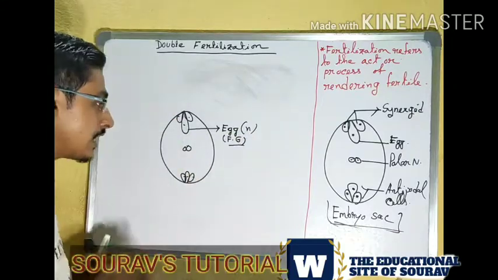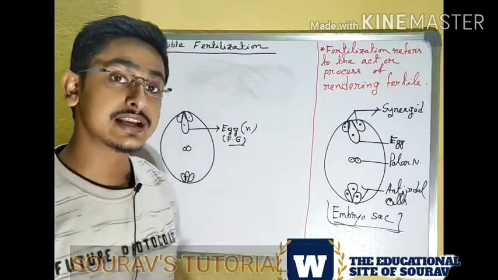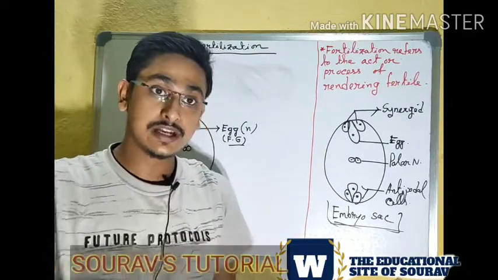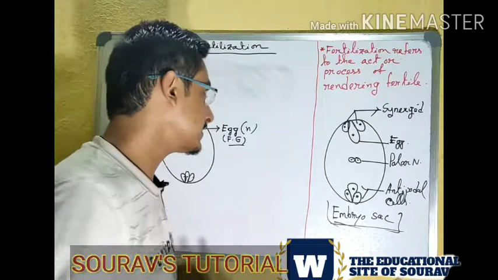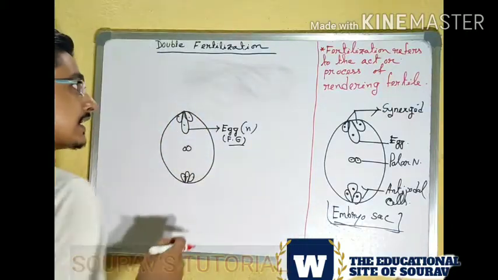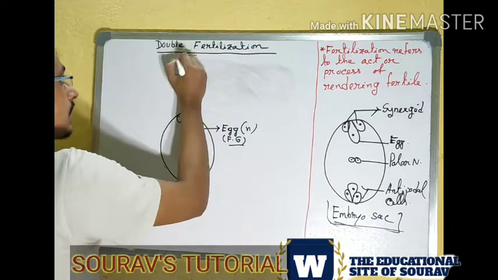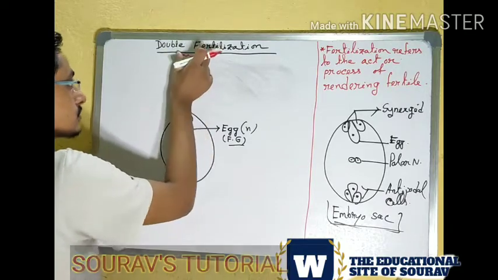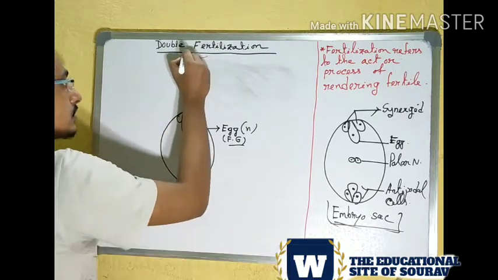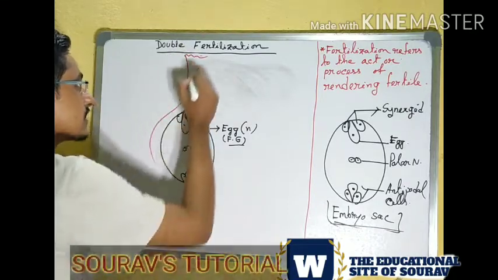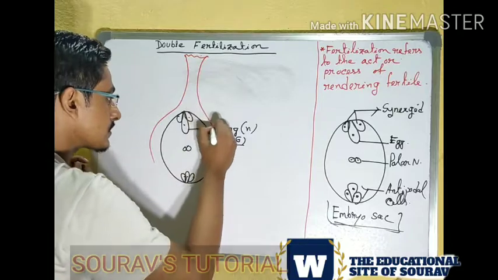Now this embryo sac is present inside the ovary. If we complete the full diagram of a female reproductive part, the structure will be like this. Suppose this is the stigma portion, then it goes to the style portion.